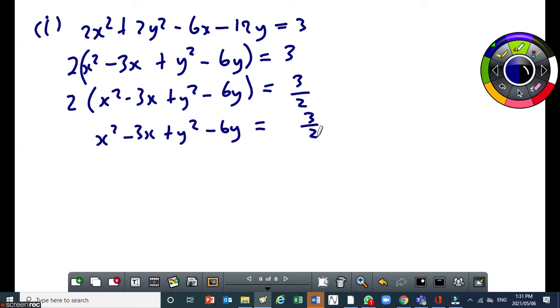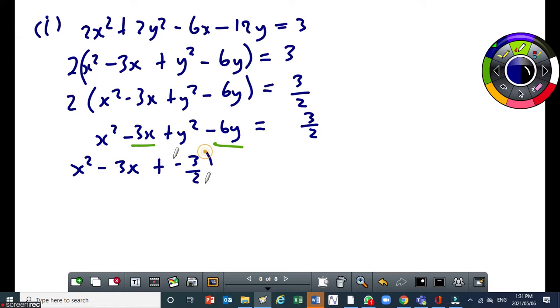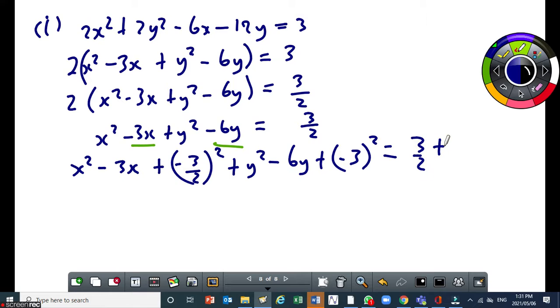Once you get here, it should become easy now. Find half of the coefficient of x and half of the coefficient of y. Then you add those on both sides. So if I do that, I'll get x squared minus 3x plus minus 3 over 2 squared plus y squared minus 6y plus minus 3 all squared is equal to 3 over 2 plus minus 3 over 2 squared plus minus 3 squared.